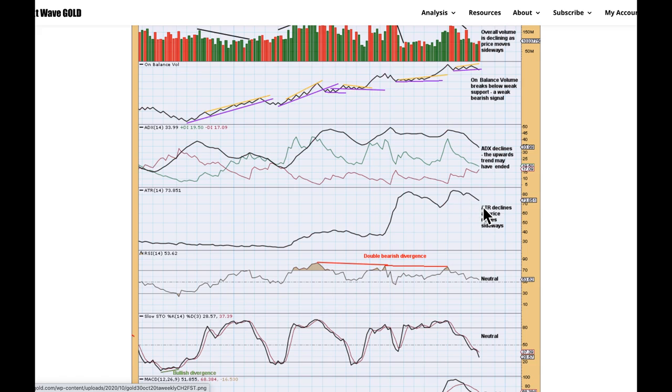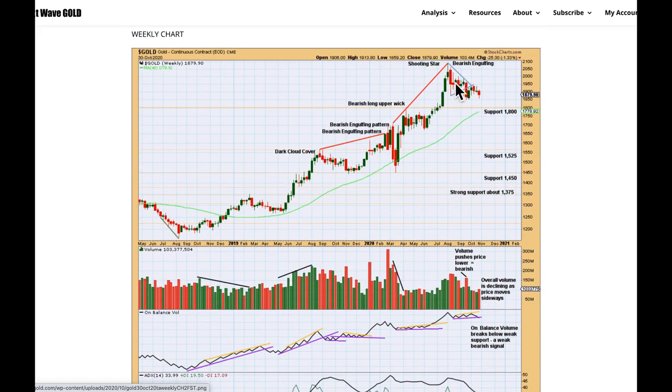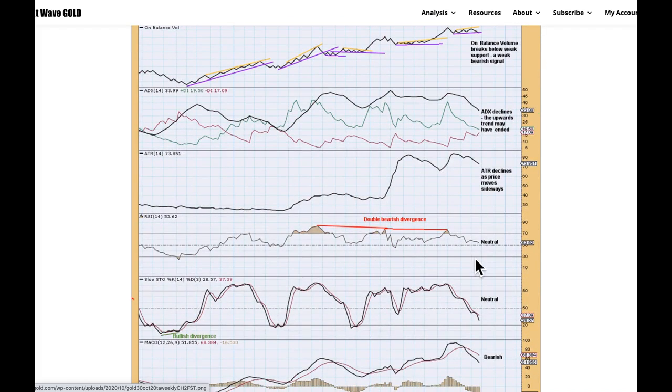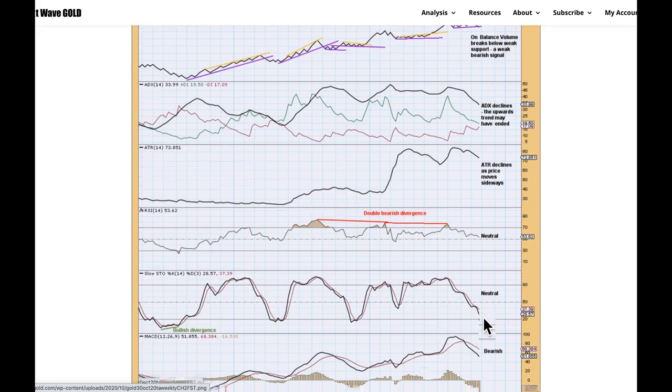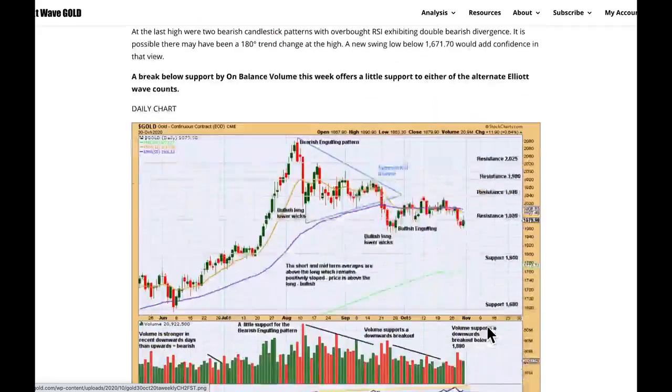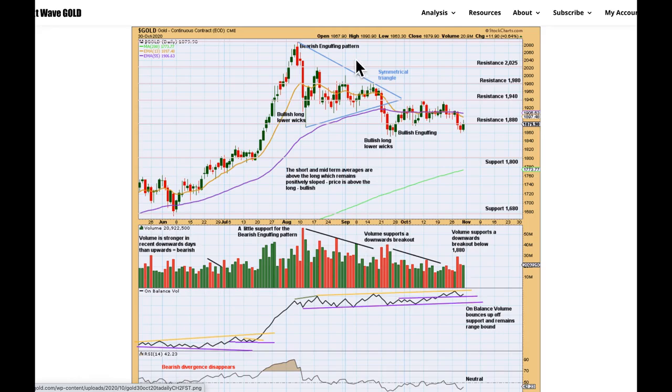ATR is declining as price moves sideways. Its last increase was in these upward weeks here. So apart from this strong downward week, it hasn't shown an increase. RSI is in neutral territory, stochastics still neutral, plenty of room for price to continue lower here, and MACD is bearish.